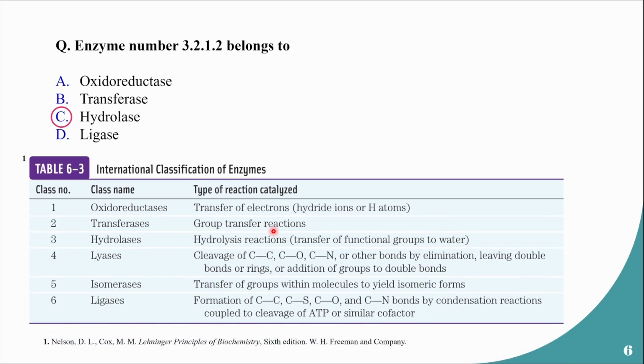What this enzyme commission number tells us is that the first element of this four-element enzyme commission number tells us about the class of the enzyme. Here, since the first one is 3, you can identify from this class number that it is of class hydrolase, right?